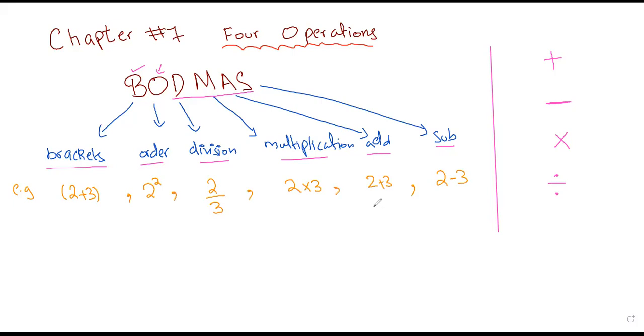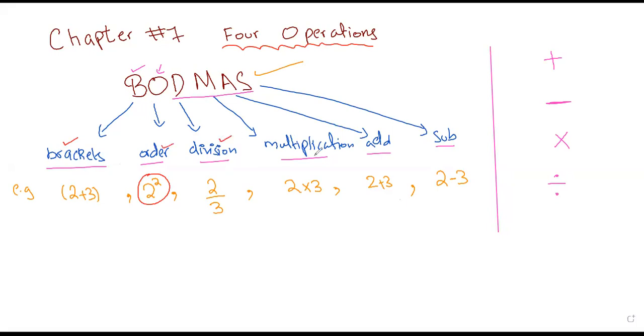Now, in any question, if you have different operations, obviously you need to operate it according to this order. So we'll start off with solving the brackets. Then after brackets, we'll talk about the order, if we have something of this type, 2 to the power 2. Then we'll divide if we have division.